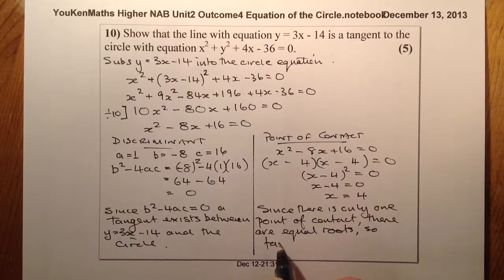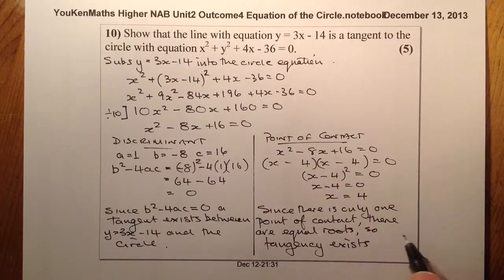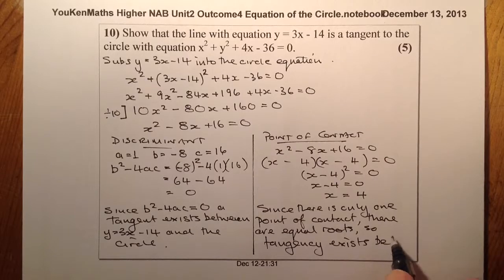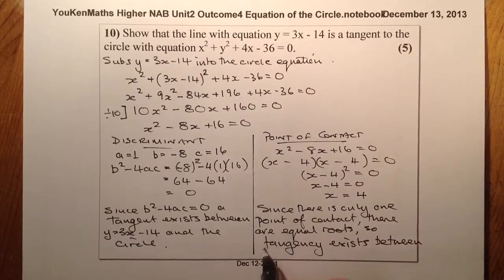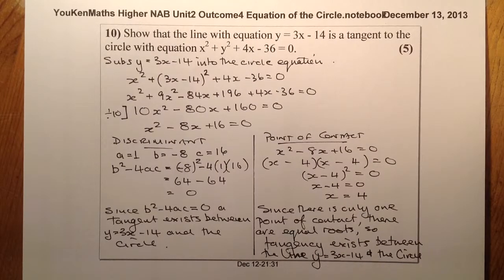So I'll just say that tangency exists, and again just between the line, sorry about the writing here, between the line y is equal to 3x minus 14 and the circle. Okay, so that's the two methods that I'm going to use there. And let's see how we're going to mark this one out.